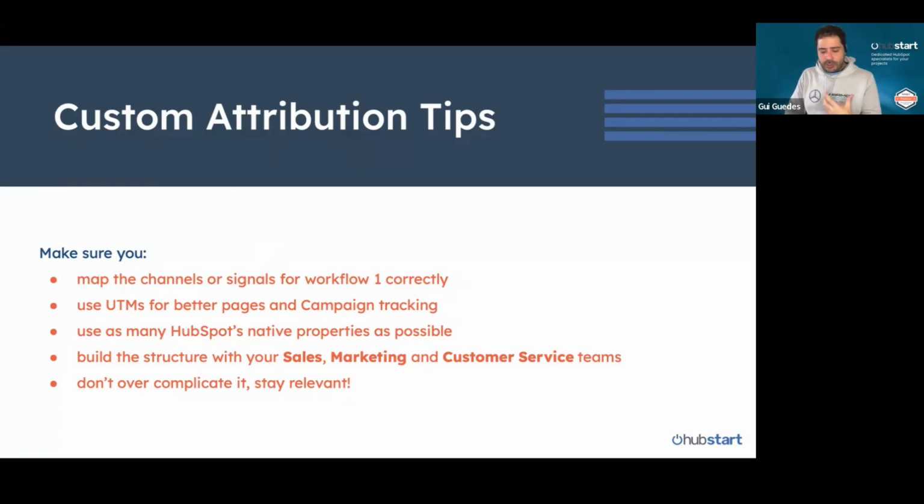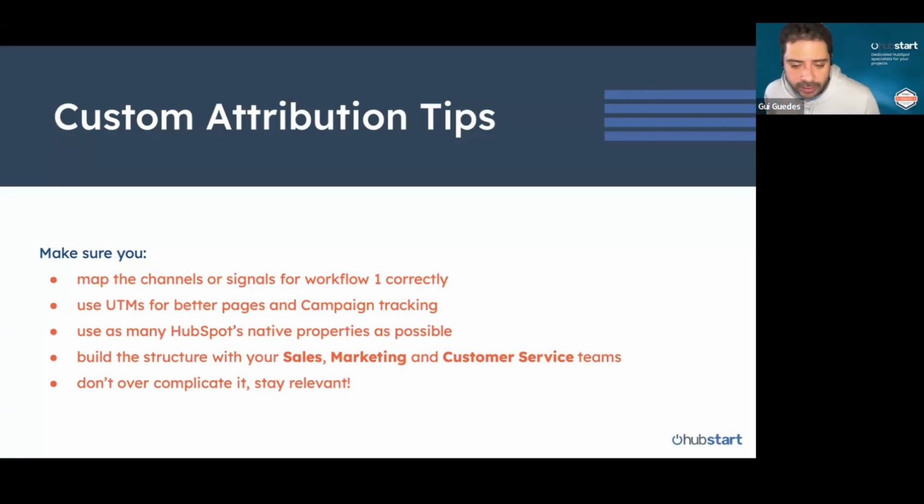The other one, you saw that we created 4 properties. So use the rest of the properties that HubSpot gives you. Using native HubSpot properties is easier, not only for future people coming into the account and working, because they're already used to these properties. It's less effort for documentation, and so you're less prone to make mistakes as well.